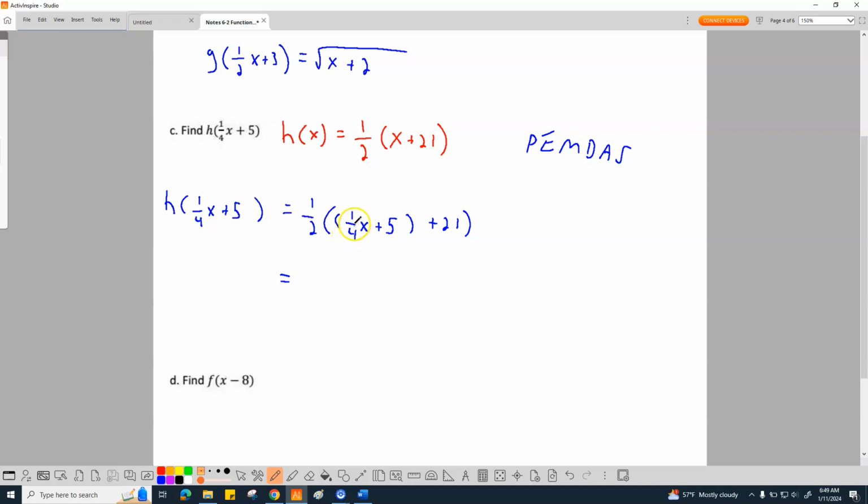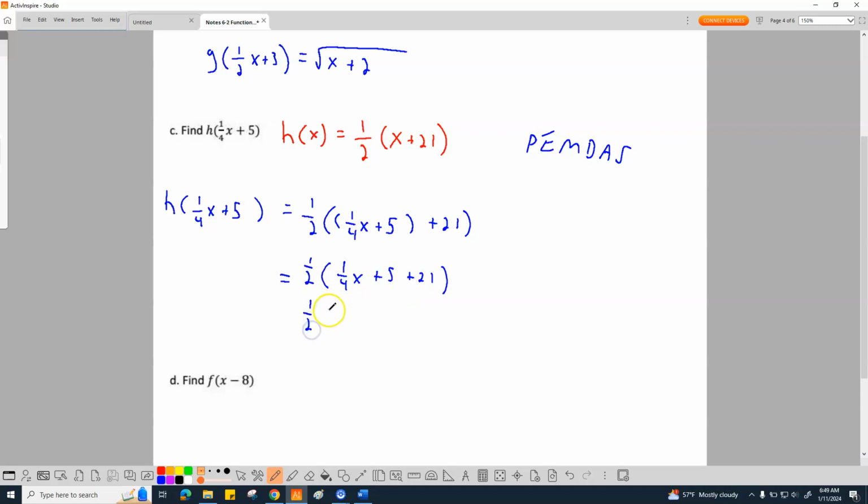So the first thing I noticed, I have this 1/4 x plus 5 plus 21. I can actually get rid of these interior parentheses, and I end up with 1/4 x plus 5 plus 21. Now I can put the 5 and 21 together.